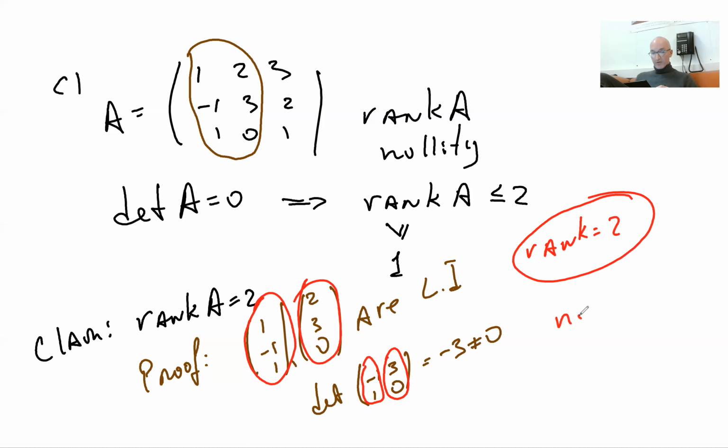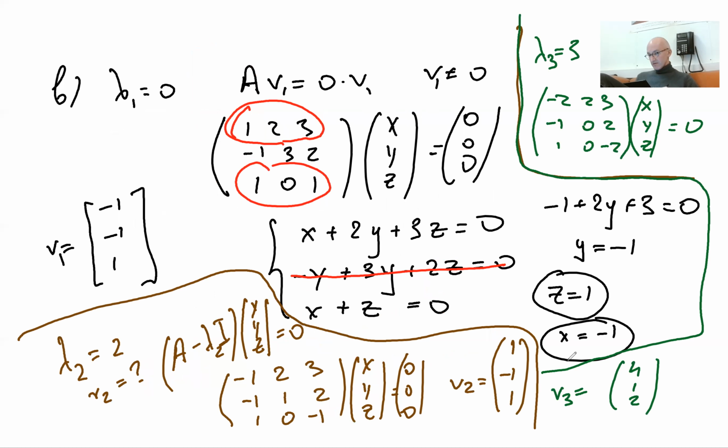By the rank-nullity theorem, nullity is 1. Nullity in this case is 3 minus rank. It means that the kernel of this matrix is one dimensional. But basically, we already know it. We were finding the kernel of this matrix. We found one element in the kernel, but our solution implies that if instead of z you put lambda, then everything is scaled by lambda.